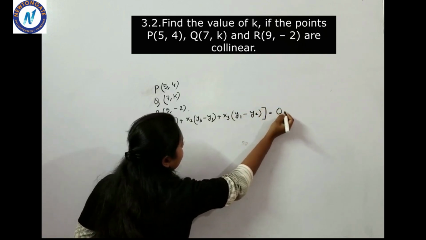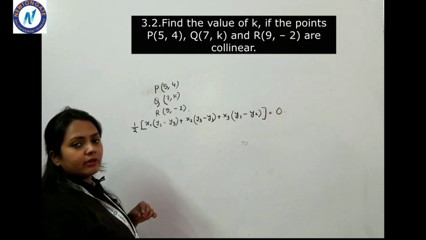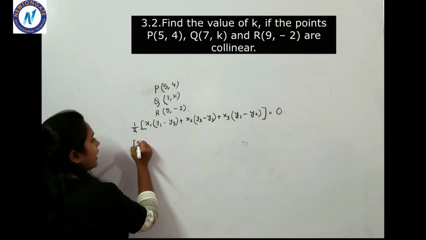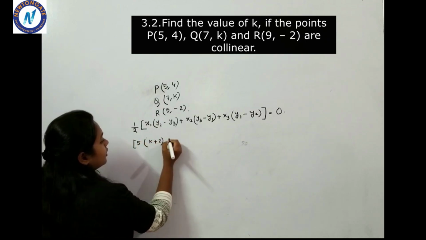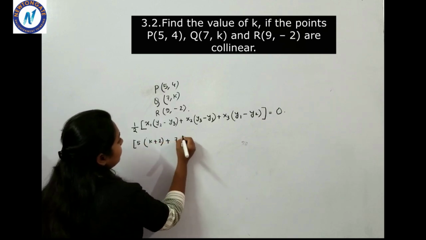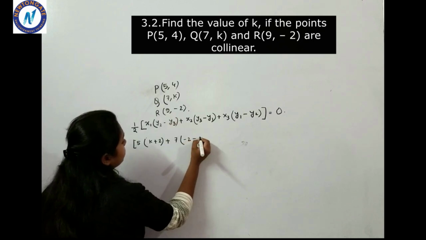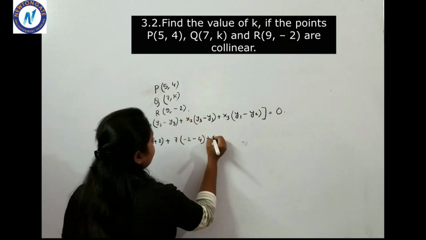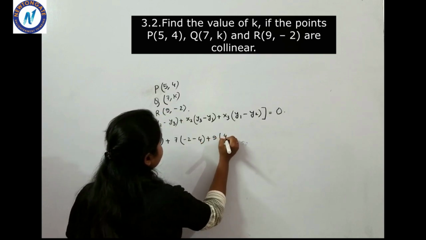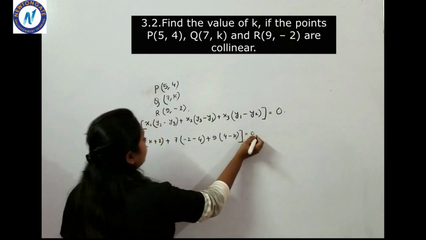It is 0. Now we will put the values of x1, x2, x3 and y1, y2, y3. x1 means 5 into k plus 2, plus x2 means 7, y3 means minus 2, y1 means minus 4, plus x3 9, y1 means 4, y2 means k, equals 0.